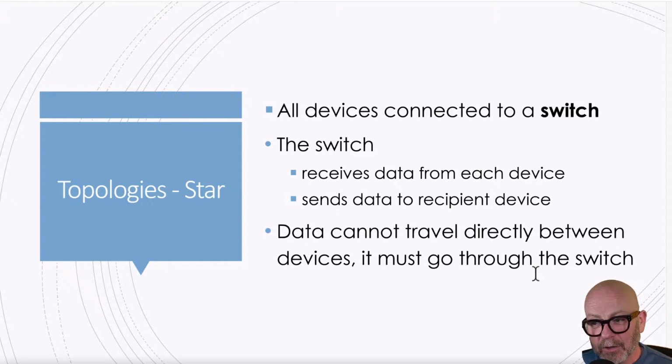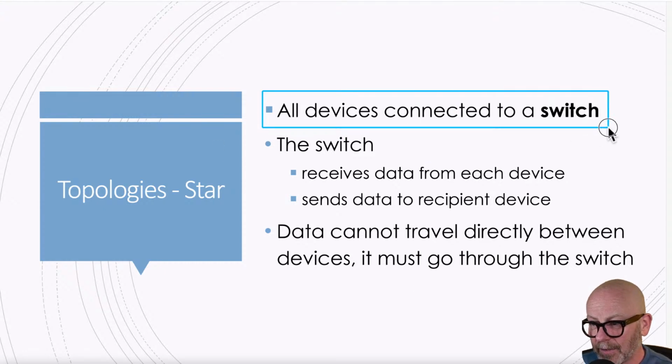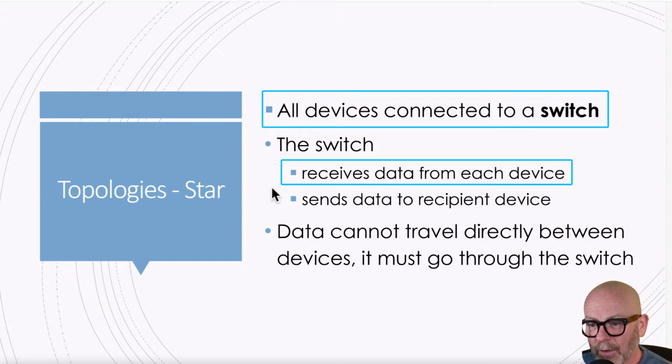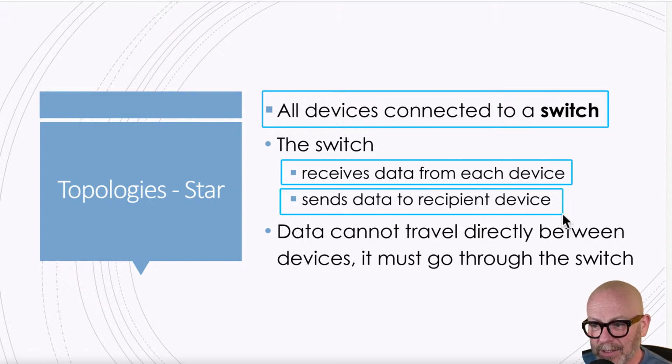So within the star topology, all devices are connected to a switch, and that is the sort of big rectangular box you've got in your computer science room, which has got lots of flashing lights and 30 odd cables going into 30 ports, okay? So the switch, what does it do? It receives data from each device and it sends data to the recipient device.